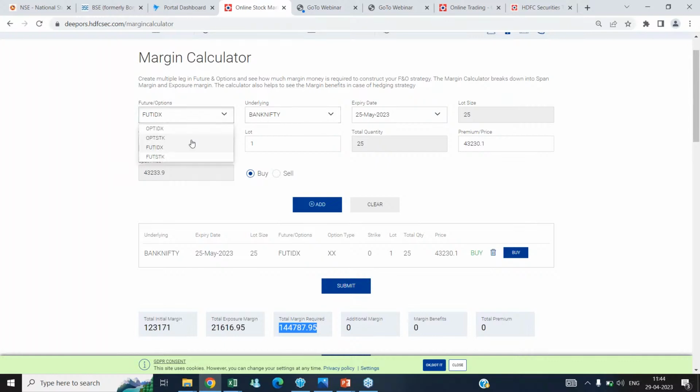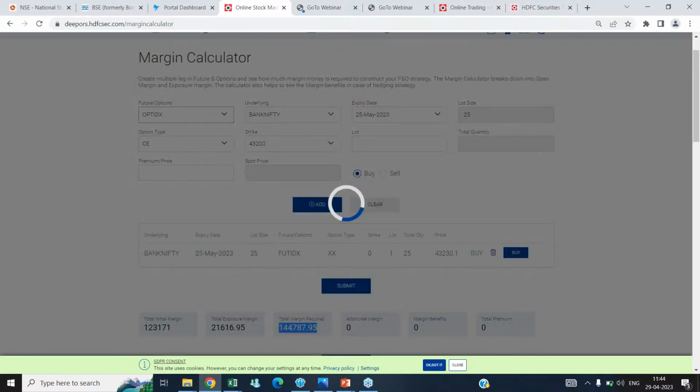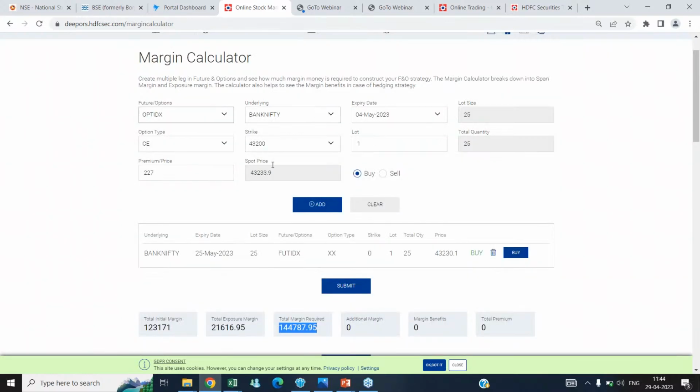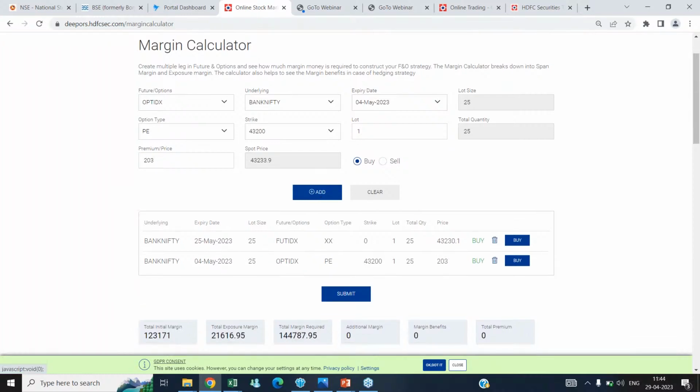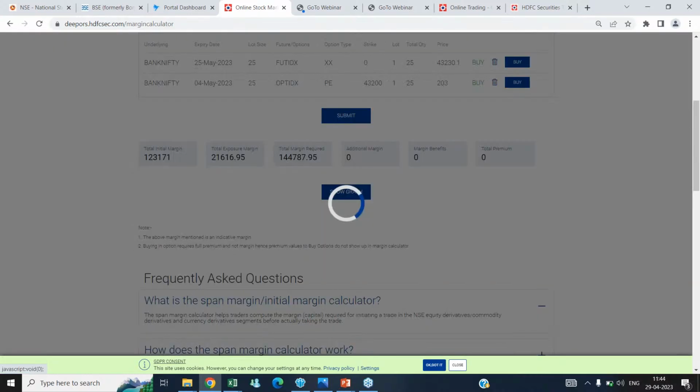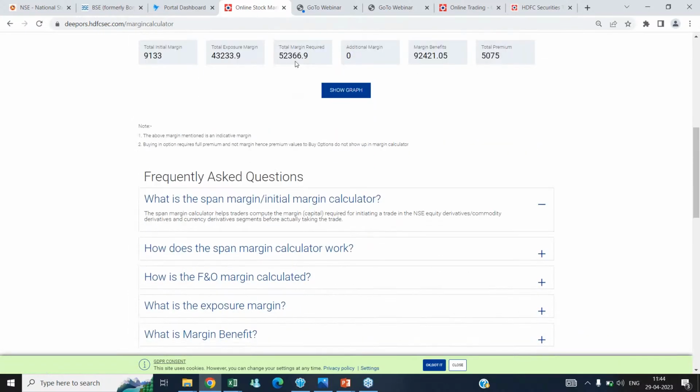So here, if I add option index for Bank Nifty, I want to buy a put option at the current market price. I'll select the 43,000 put option. The current market price premium is 200 rupees. Suppose I want to buy one lot only, I'll click on add, and then click on submit. So you'll be able to see that from 1,44,000 rupees, the margin requirement reduces to 52,400.